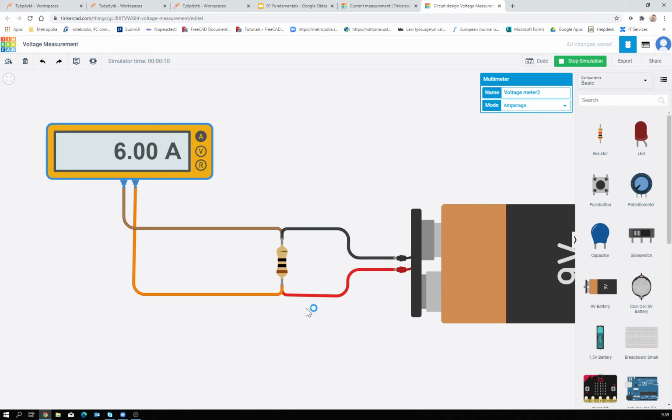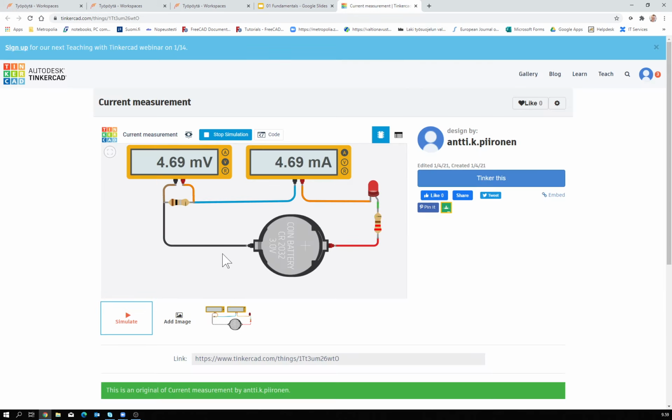So all the current now flows through this multimeter. So never connect a current meter in parallel with your circuit.